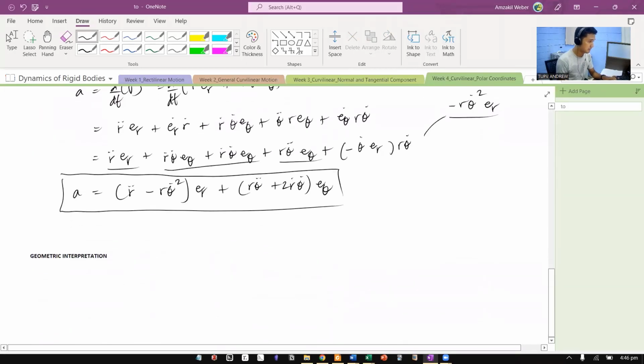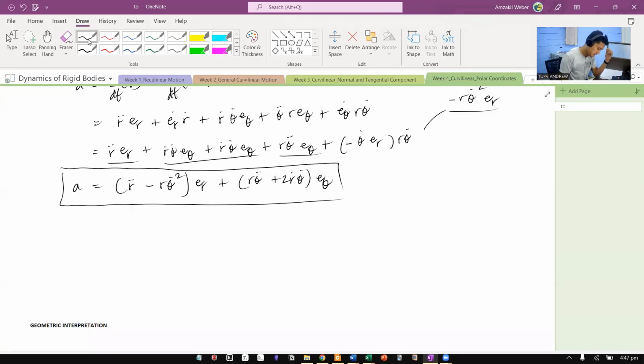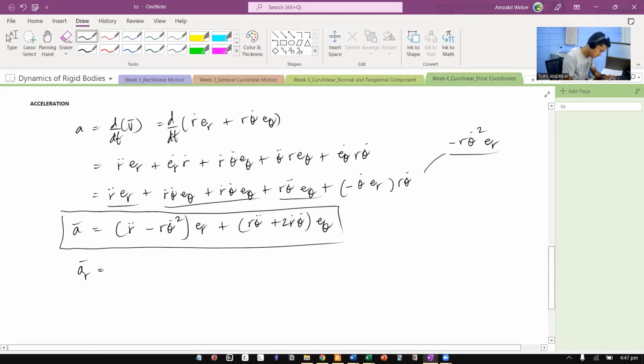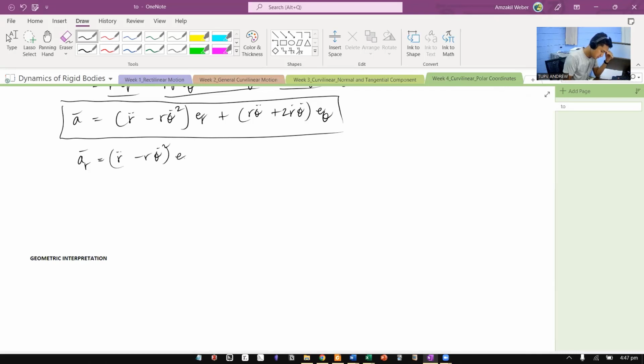Let's separate them for the components. We need to be consistent. The acceleration component along e_r is r double dot minus r theta dot squared, and along the transverse direction, r theta double dot plus 2 r dot theta dot.